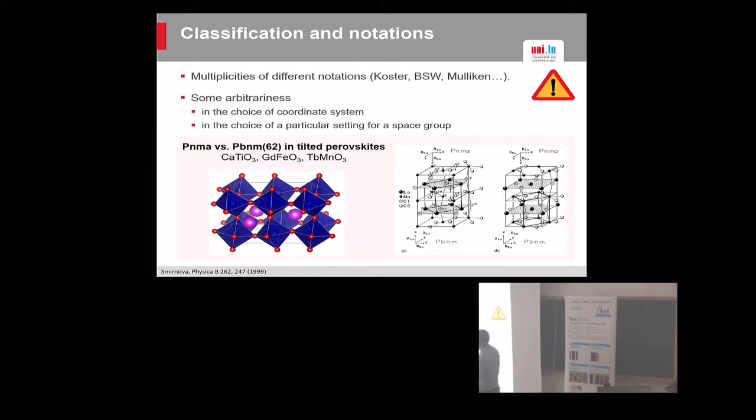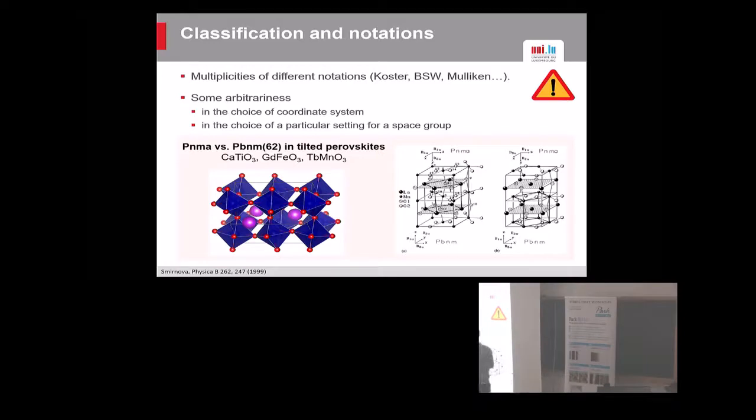There are typically two settings that people might want to use: the Pnma setting, that is preferred because it's the standard one in the tables for crystallography, and the Pbnm that people like very much because then you have the long axis along Z. And I think it must be 50-50 in the literature on who uses what.